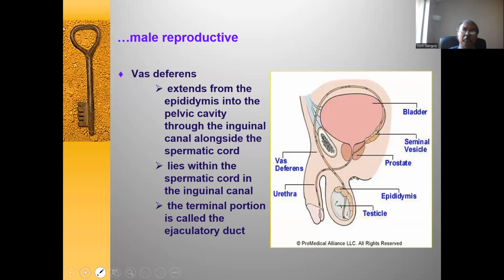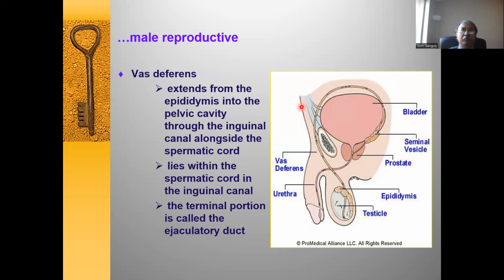The reason we need to know this is because there are a few surgeries that are common for the vas deferens. One of the surgeries we're going to see is the resection, cutting this vas deferens so that the semen, the sperm, cannot come to the prostatic urethra.